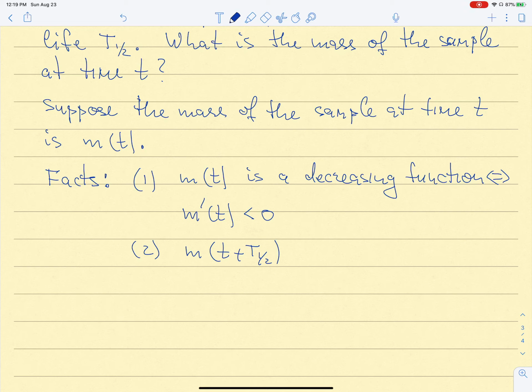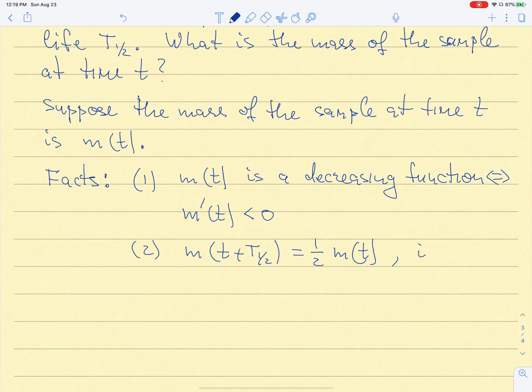I should expect to have 1/2 of the mass of the sample left. So this would be 1/2 m of t. So every time I wait capital T 1/2, let's say if we measure this in hours or days, then at the end I will always have 1/2 of what I had at the time when I started counting.